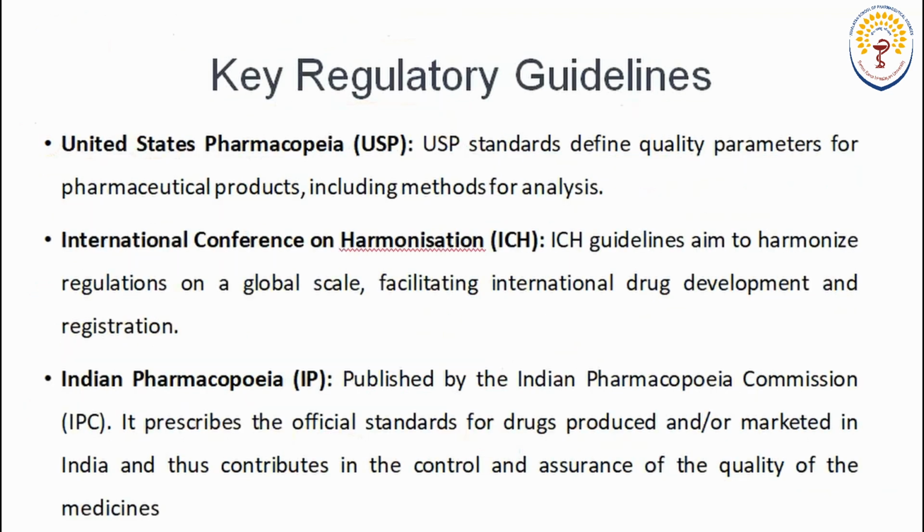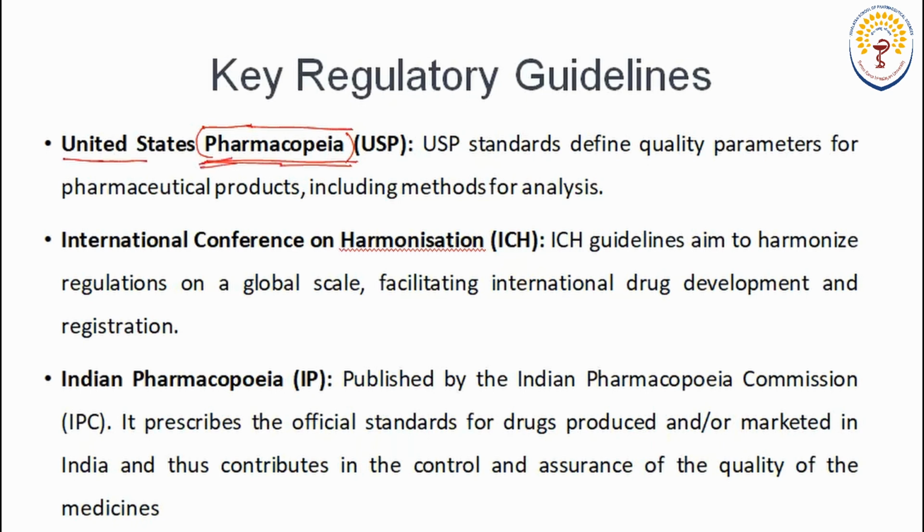Coming to the next slide, we have a book called Pharmacopoeia. Pharmacopoeia is a book produced by the regulating body of a country, and this book has the guidelines for analysis and testing of pharmaceuticals.